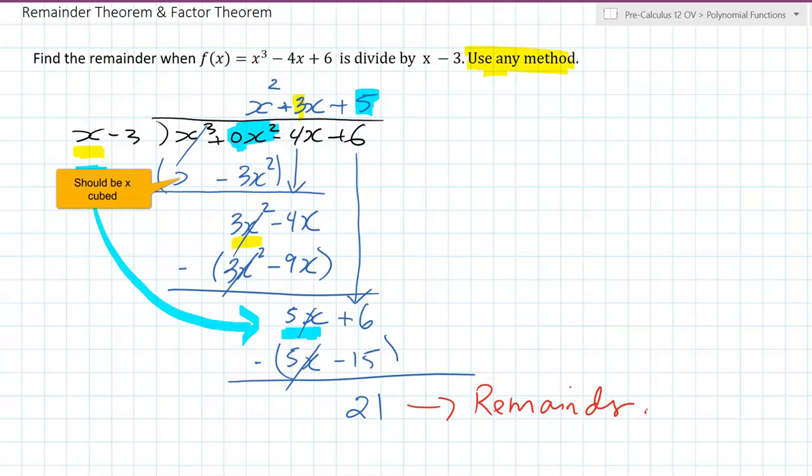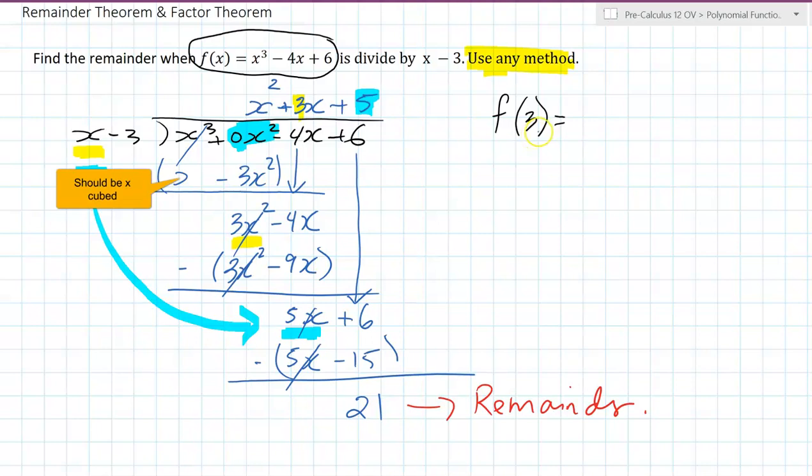Now, what I need you to do is pay attention to what happens here. This is our f of x. And if f of x is that, what is f of 3? Can we find out the value of the function when x is 3?